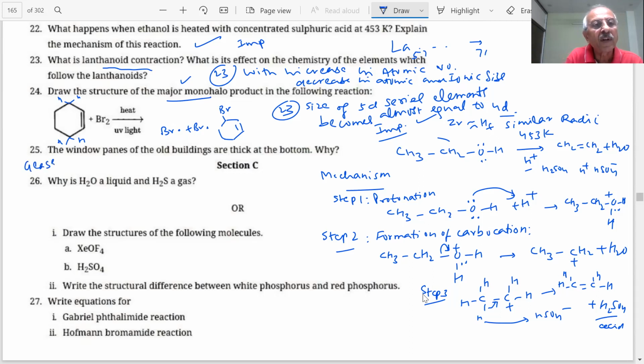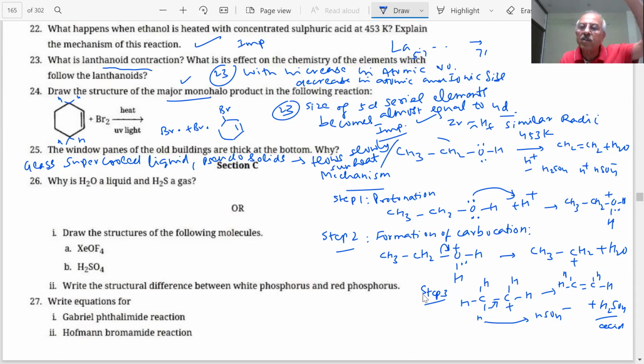They are also called pseudo solids. It flows slowly due to sun heat, and the window panes become slightly thicker, as you see in very old buildings.